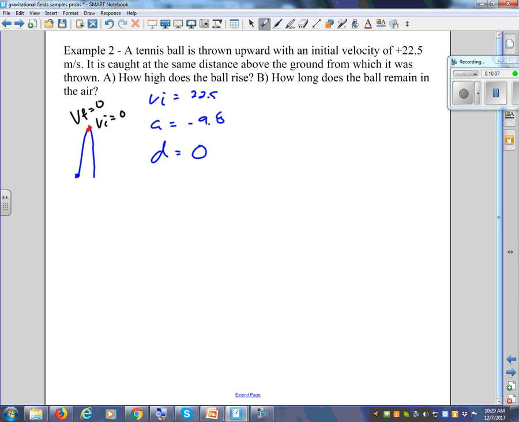So I need to find the displacement up, so I need to find the average velocity up, don't I? Right? So V bar equals VI plus VF all over 2. The initial velocity is 22.5. The final velocity on the trip up is 0, which makes the average 11.25 meters per second.